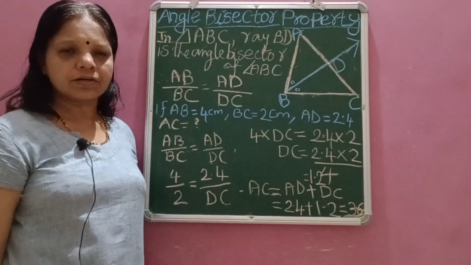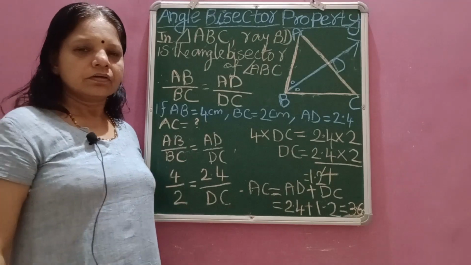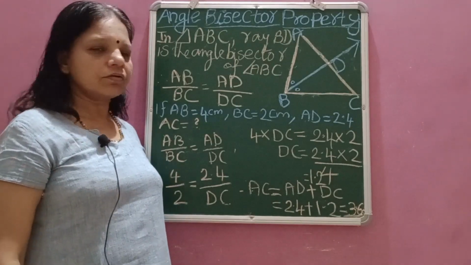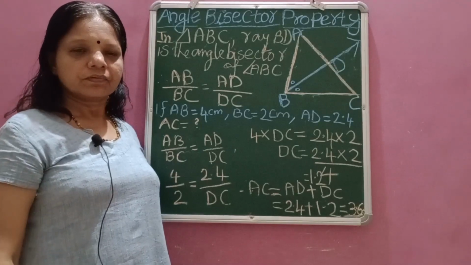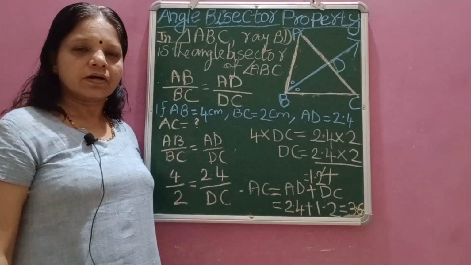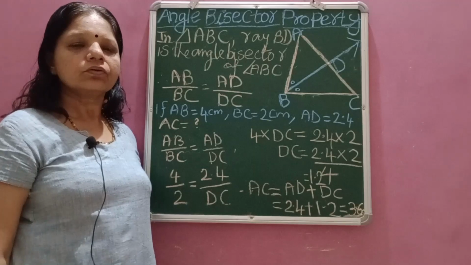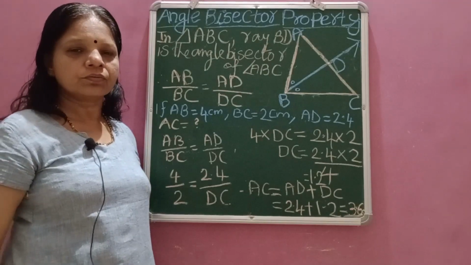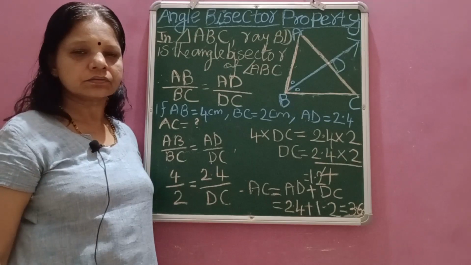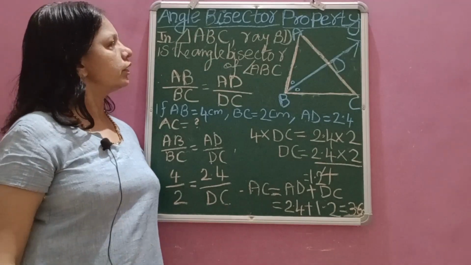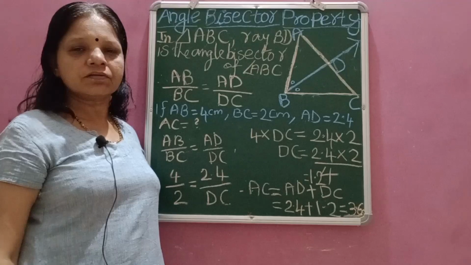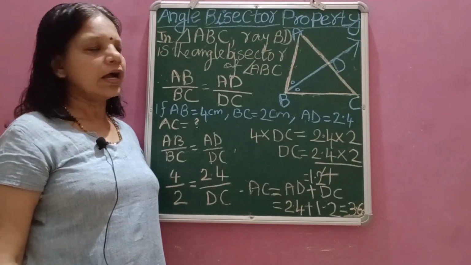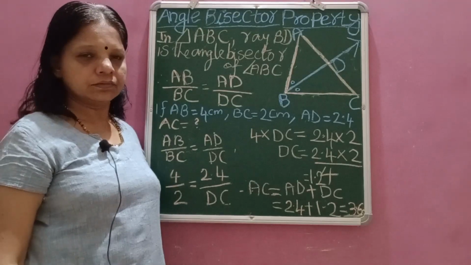What is the angle bisector of a triangle? The bisector of an angle divides the angle into two congruent parts or two congruent angles. Clear? So here the property is related to the angle bisector of an angle of the triangle.